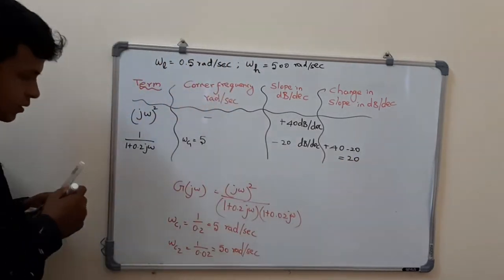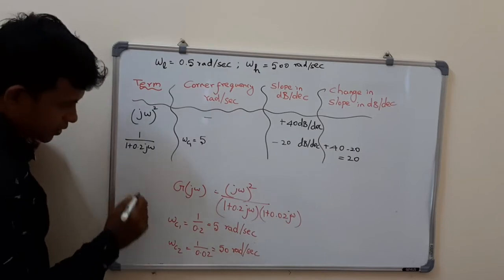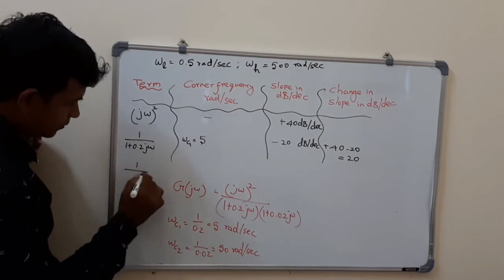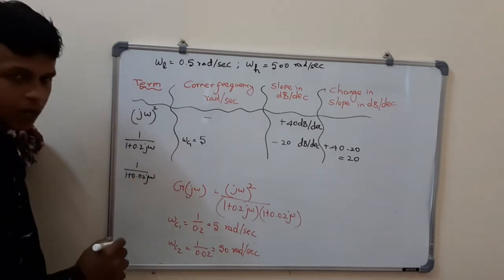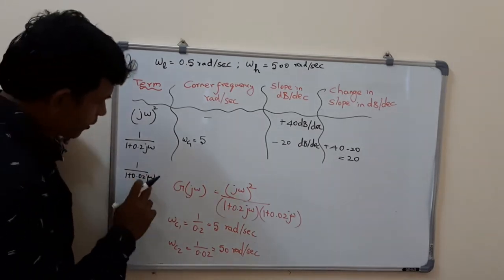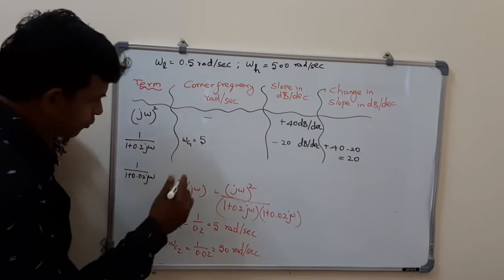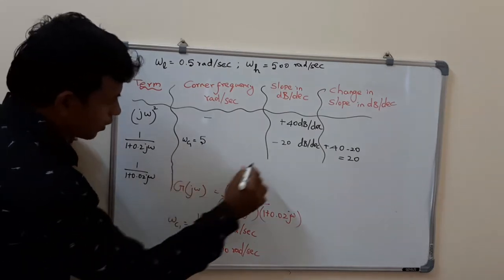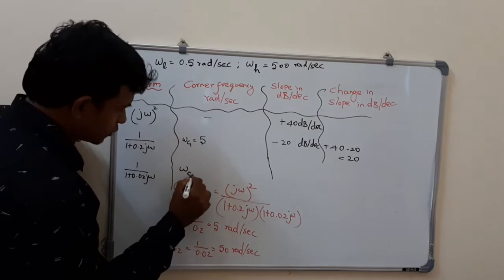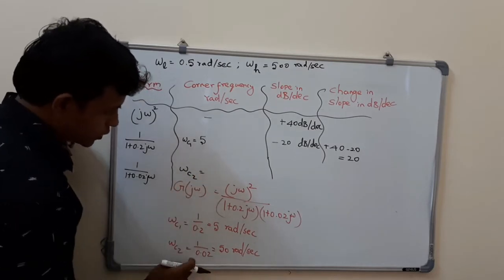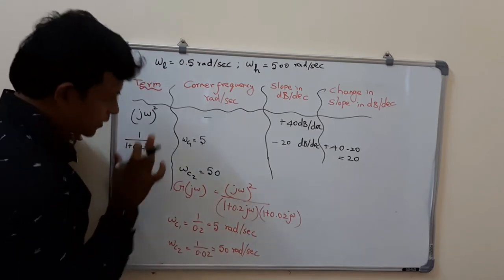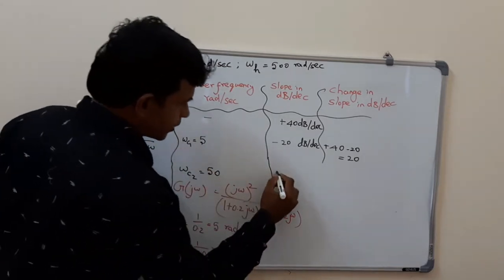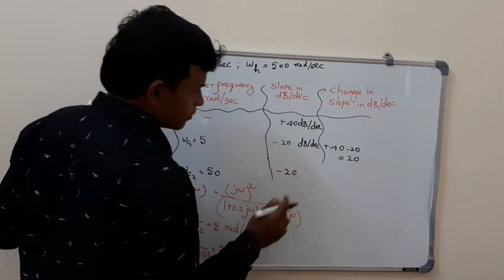Then the next factor is 1 divided by 1 plus 0.02 j omega. The corner frequency of this factor is omega c2 equal to 1 divided by 0.02, that is 50 radians per second. The slope provided by this first order factor in the denominator is again minus 20 decibel per decade.